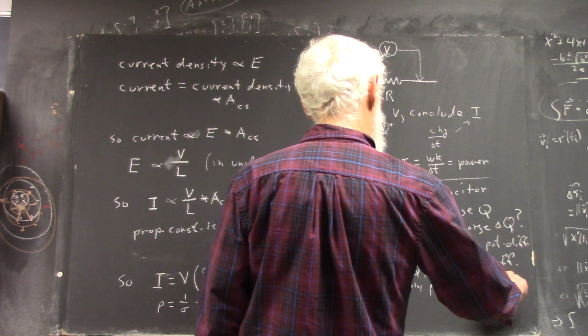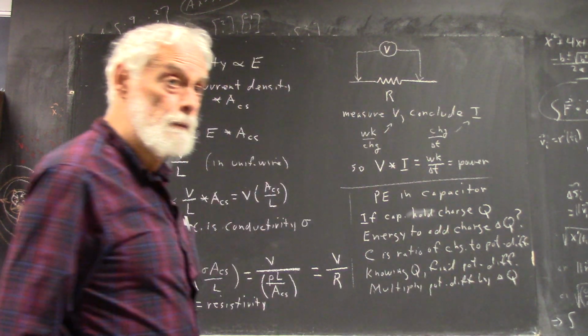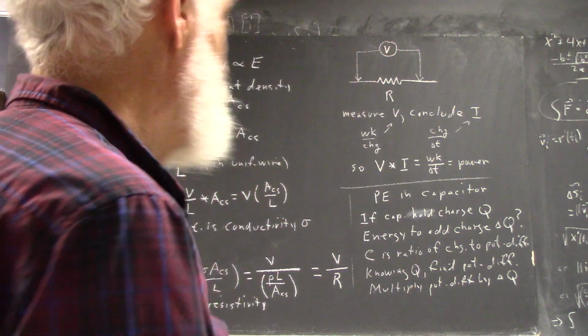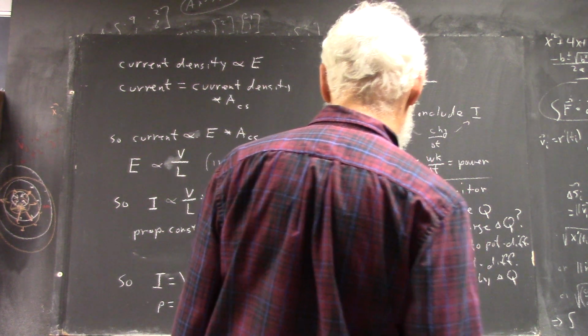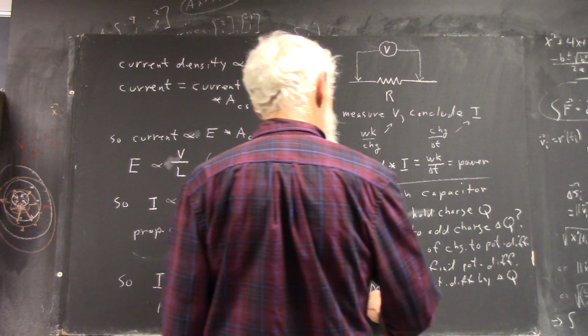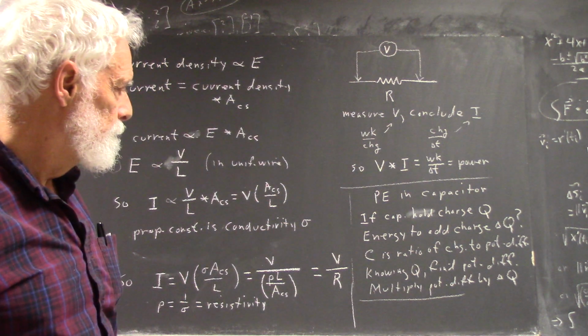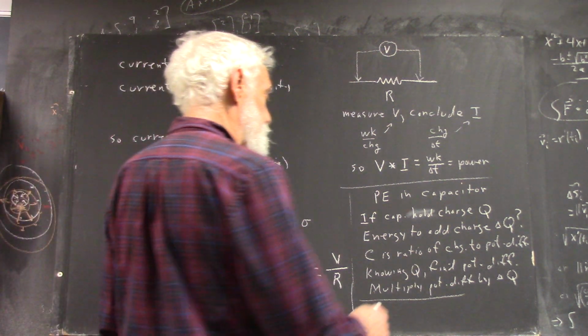You just multiply the potential difference by delta Q. Okay? Now to charge a capacitor, you do incremental charges.